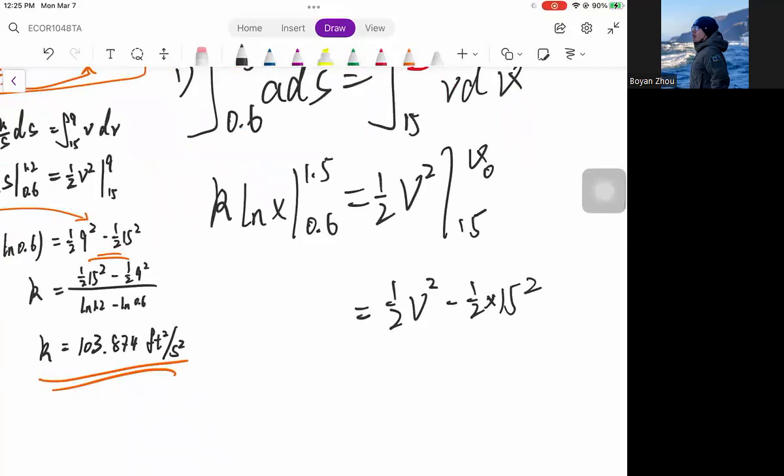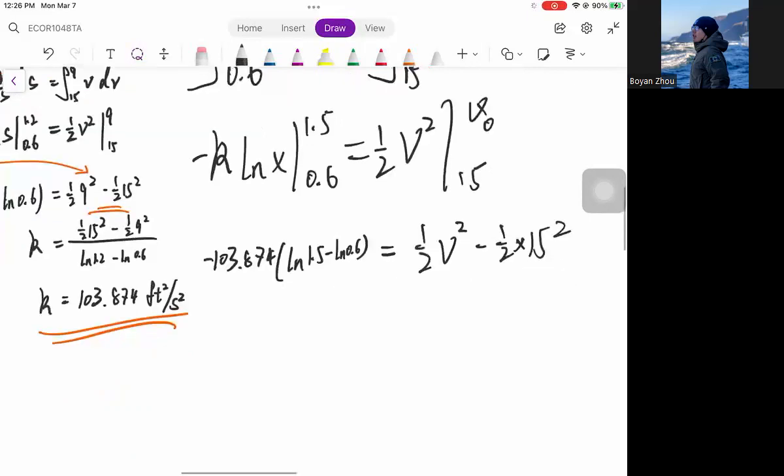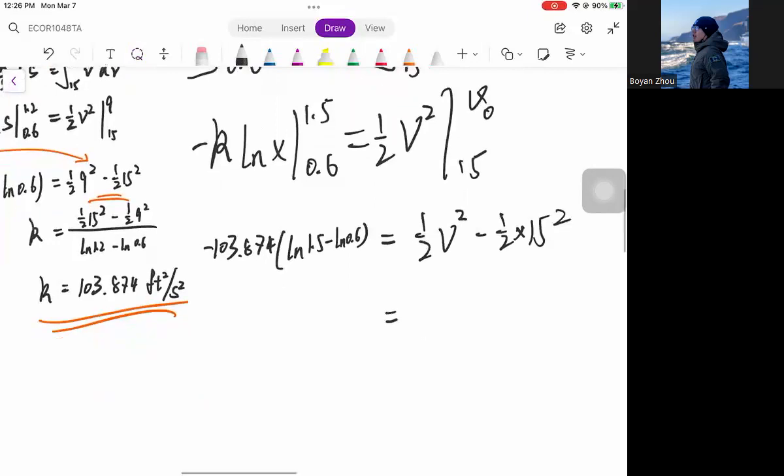On the left hand side, we know k is, well, missing a negative sign here. It's negative 103.874 times ln 1.5 minus ln 0.6. If you use a calculator, the left hand side is going to be equal to 95.18, and the right hand side is half v squared minus 112.5.